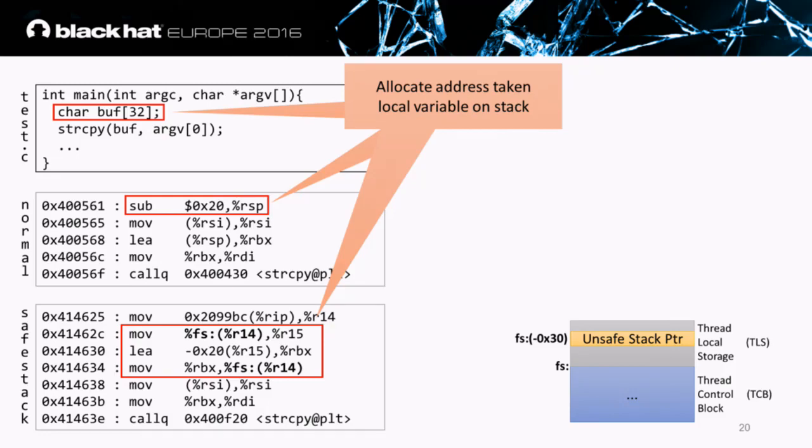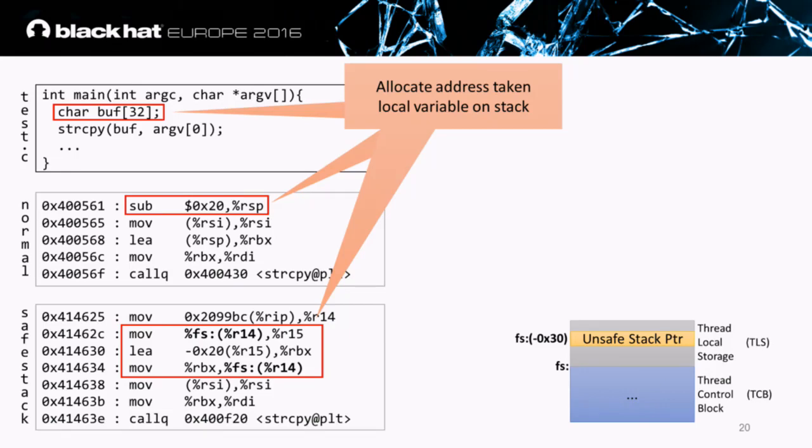And in the SafeStack example, the buffer is located on the unsafe stack. The unsafe stack is maintained through a pointer in the thread local storage. It retrieves this through the fs register. The fs register is a special register that contains the base of the thread control block, and so it takes an offset from this fs register and gets a pointer from the thread local storage and then stores the buffer on this unsafe stack.